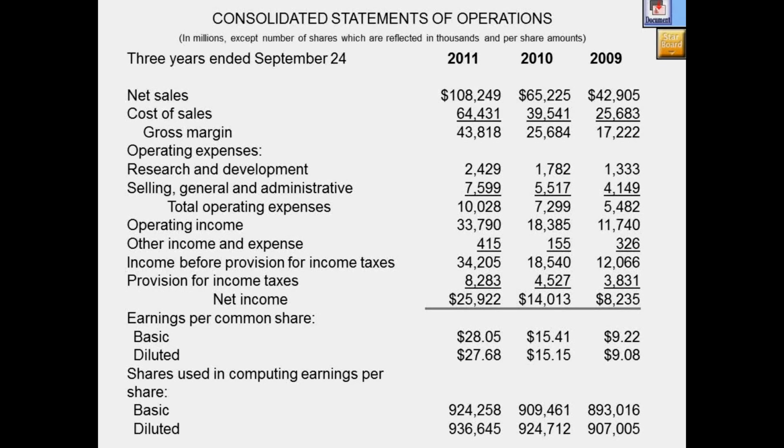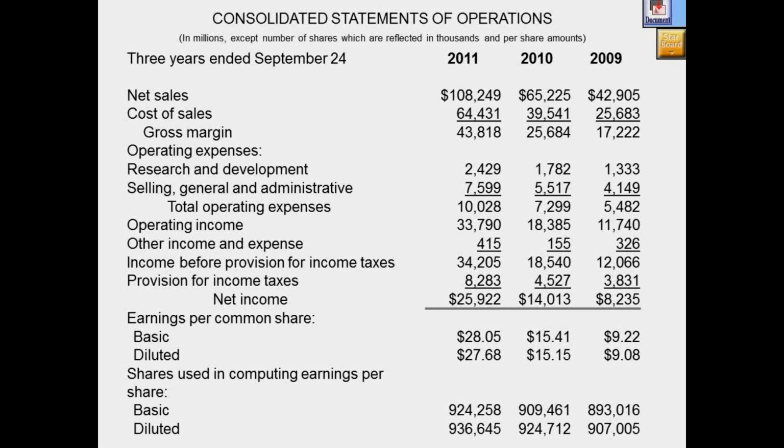Operating expenses, they've got the ones you would expect, research and development, and then all of their salaries, depreciation, rent, all that going in SG&A, okay? And they sum that up first, and then 43 minus 10 is the 33. Operating income is equivalent to your operating income here.